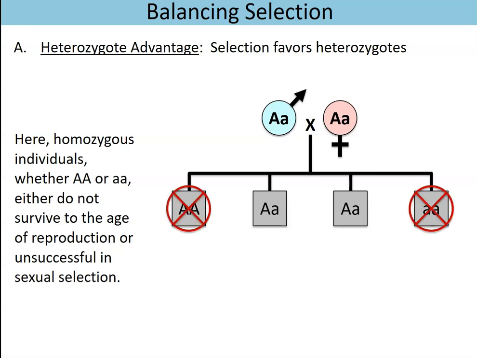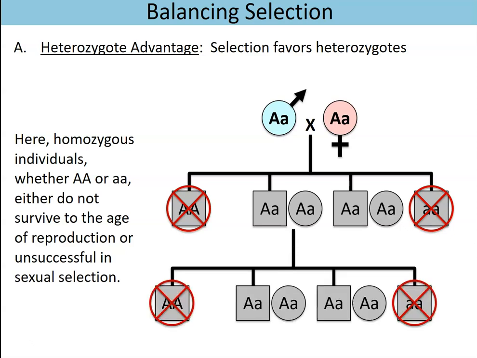Either they don't survive to reproduce, or they're unsuccessful, or for whatever reason, it's the heterozygotes who do the best. So they're more likely to survive and more likely to reproduce. They reproduce with other heterozygotes, and the same pattern persists where the homozygous individuals never do well.